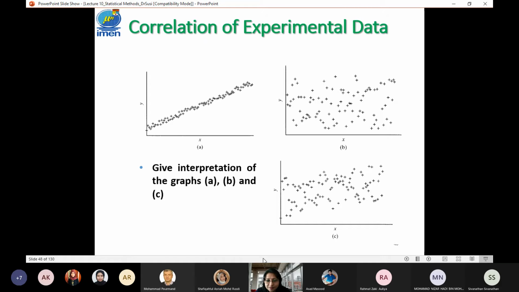B is more random than C. When you look at it, you can straight away come to a conclusion. In A, X and Y are linearly related to each other. B is a very random distribution, and in C there is some trend, but it's still random.